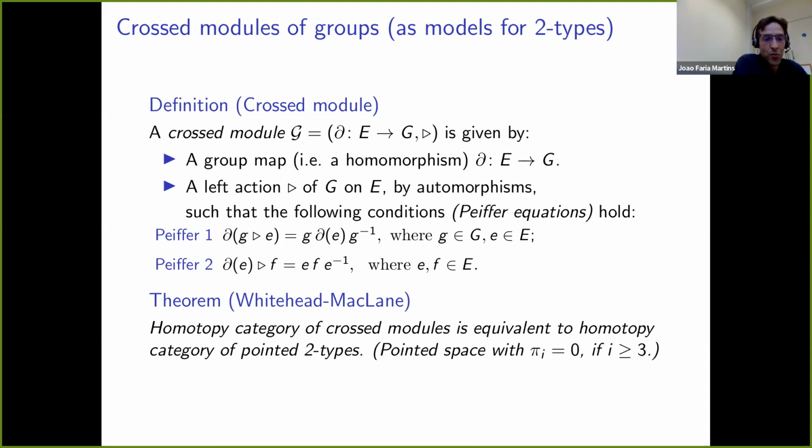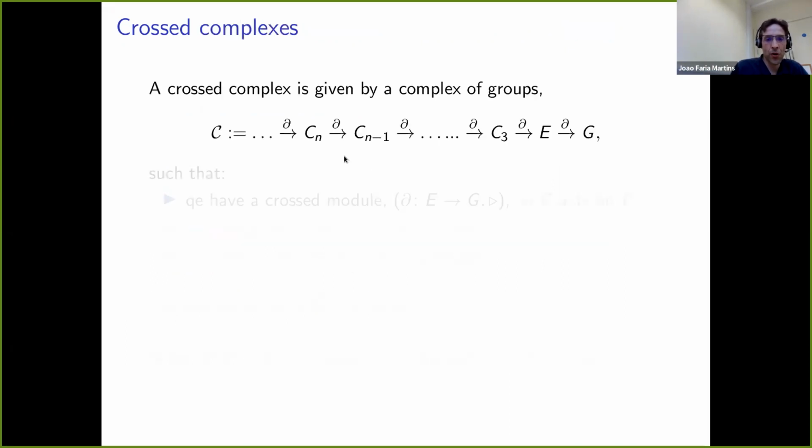That's the reason that if you just want to inspect Quinn TQFTs whose space R is a 2-type, you can stay with spaces which are classifying spaces of crossed modules. There's a minor generalization of a crossed module, which is a crossed complex. I'm just going to put here how a crossed complex looks. So you start with a crossed module, E mapping to G, and then you add a tail to it.